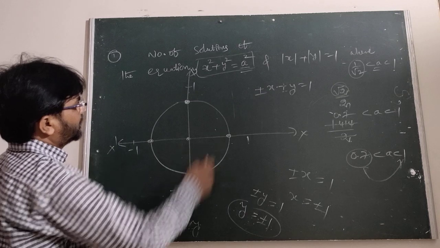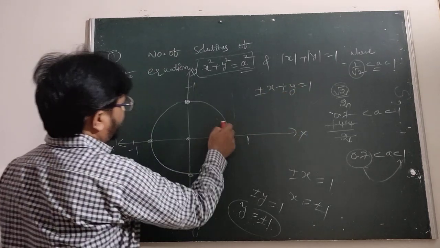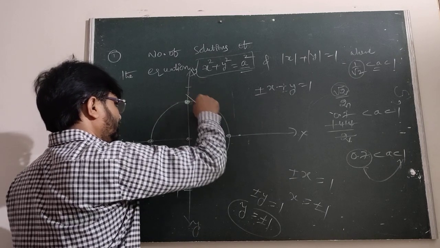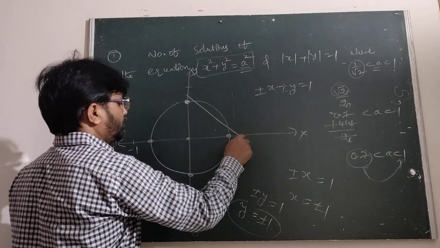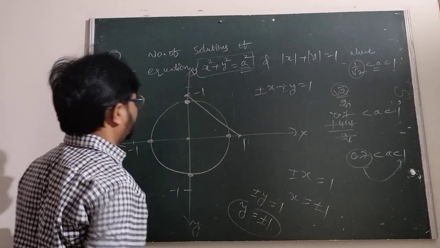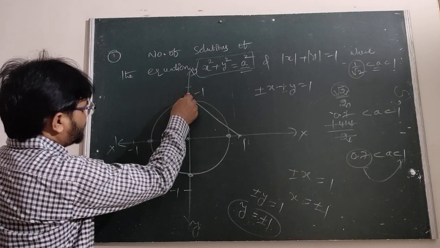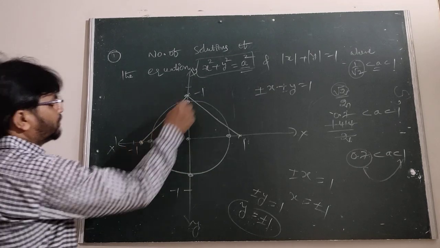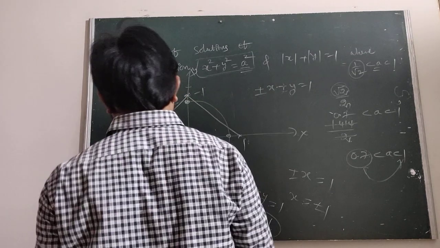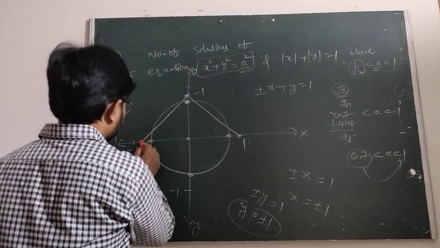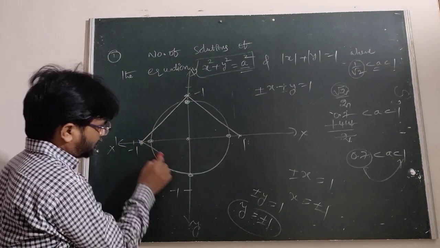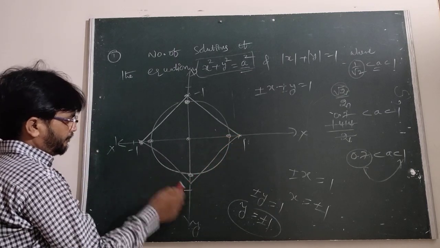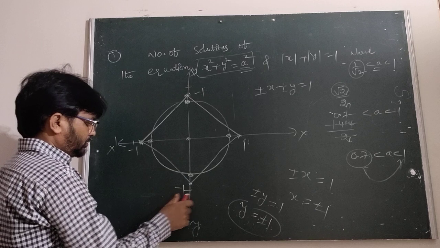Now we draw the line x plus y equal to 1 here, and similarly the other lines, this is minus 1, this is 1.